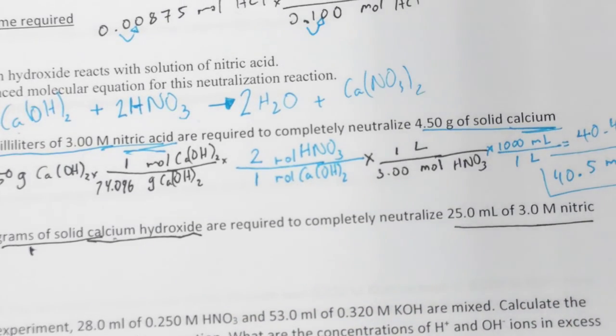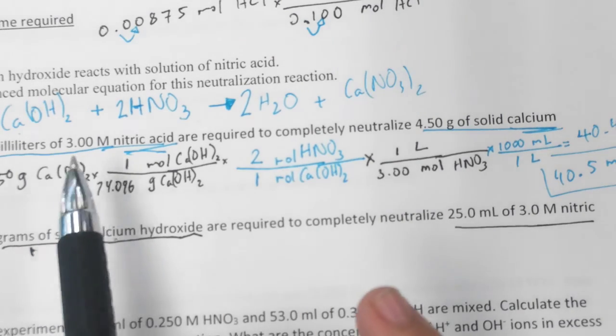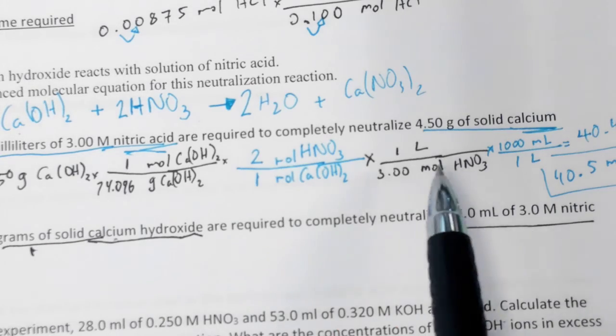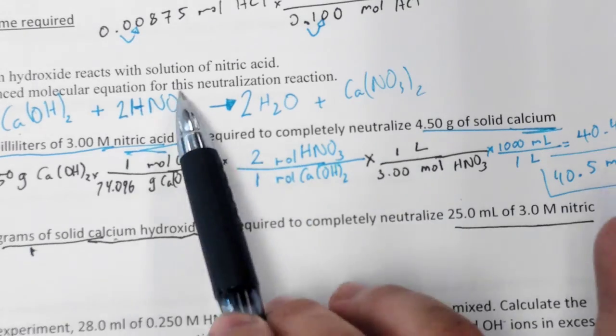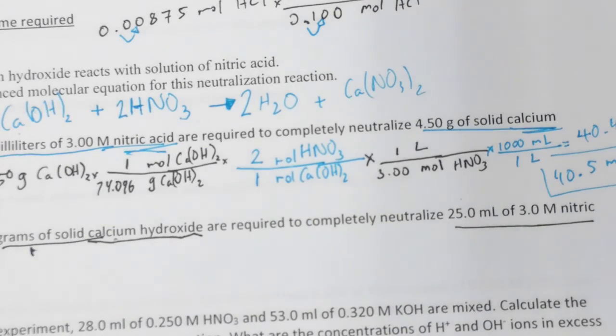As always, you have 2 different chemicals. What are we using to convert between the 2 different chemicals? What do we use to convert from calcium hydroxide to the nitric acid? Moles, mole ratios, right? Balanced equation. So same here. We're going to use the mole ratios, except now we're going backward.